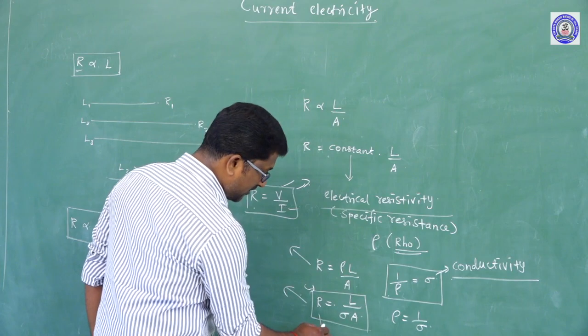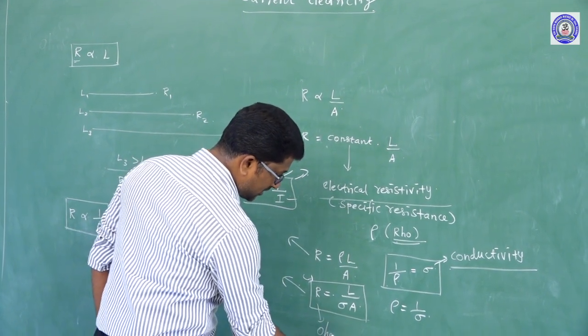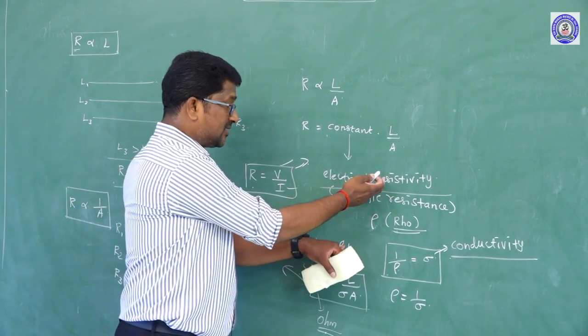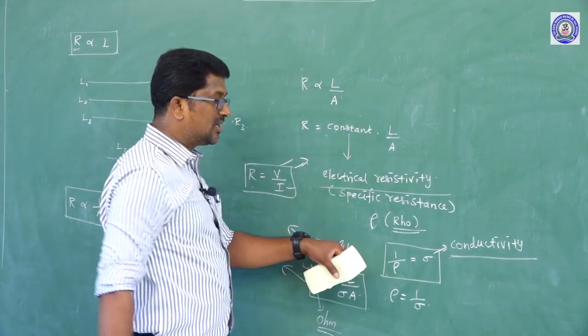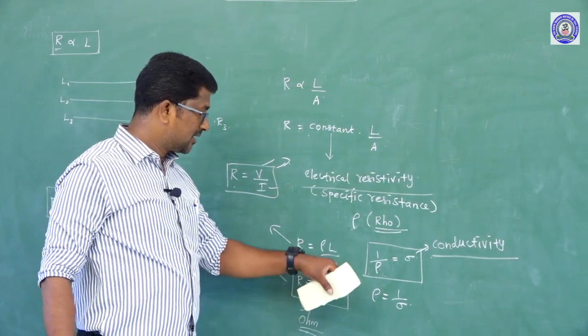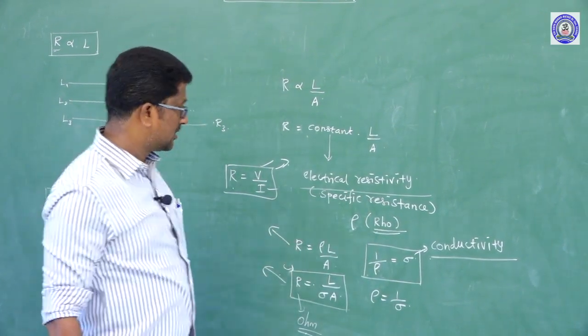Already I told the unit of resistance is ohm, right. And rho, electrical resistivity, is also called specific resistance. It is denoted by the letter rho. L is the length of the conductor and A is the area of cross section of the conductor, right.